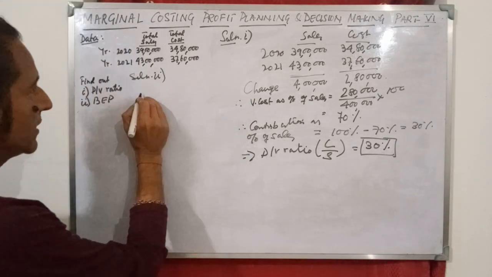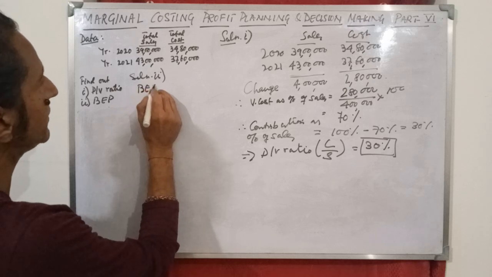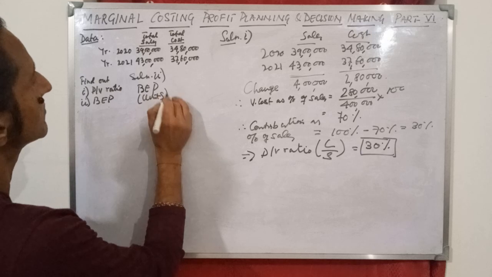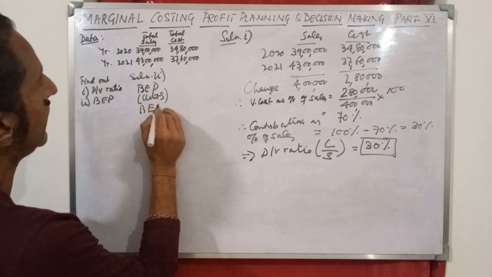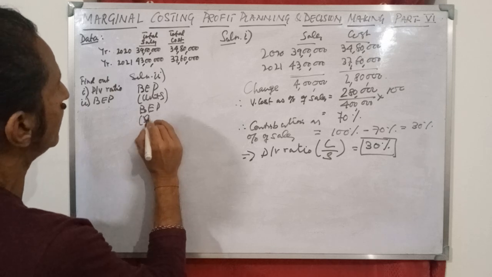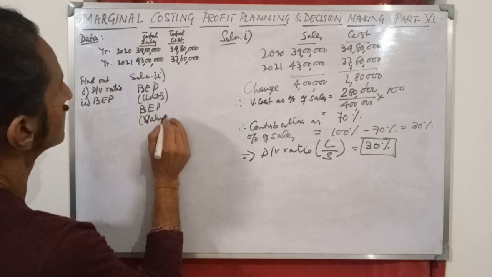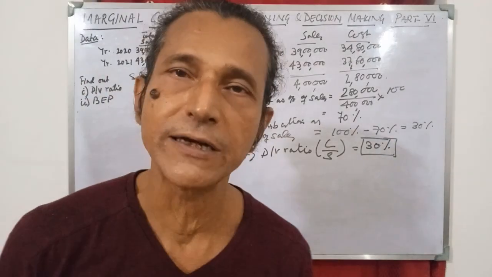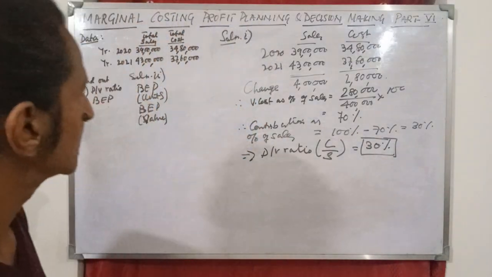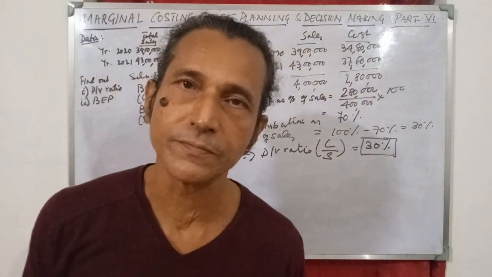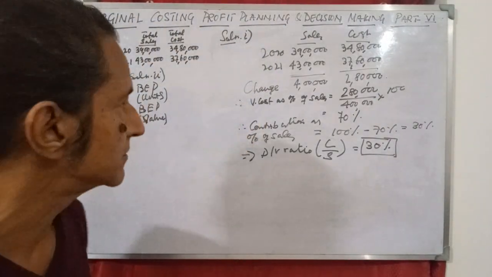Now, as I have told you earlier, break-even point can be either in terms of units and in terms of value, that is dollar value or sales value. Here we cannot find out the break-even point in terms of units because the problem is silent about the number of units produced and sold in either year.